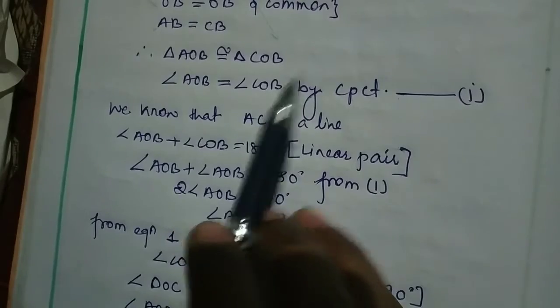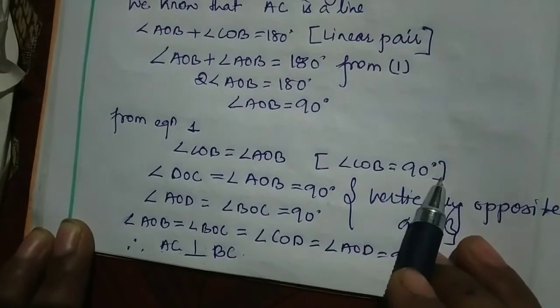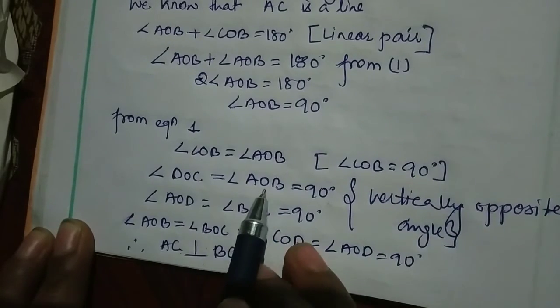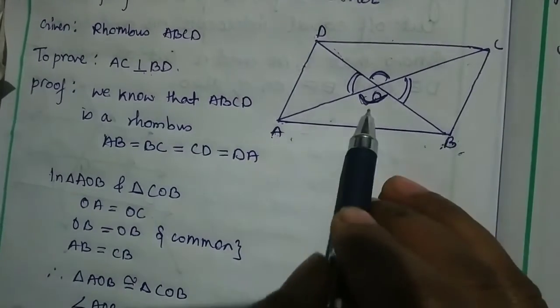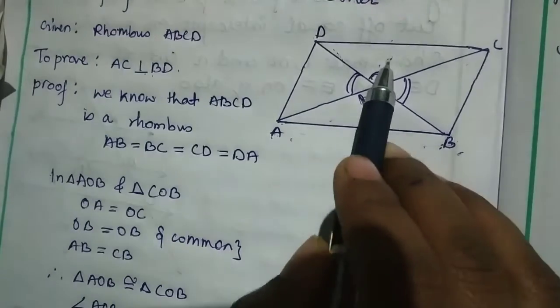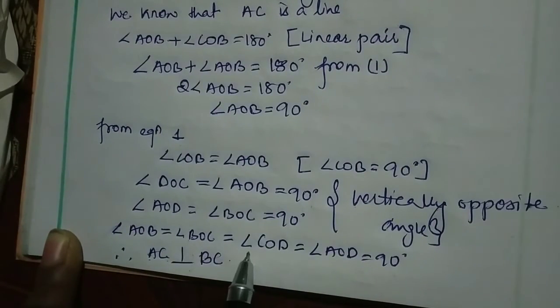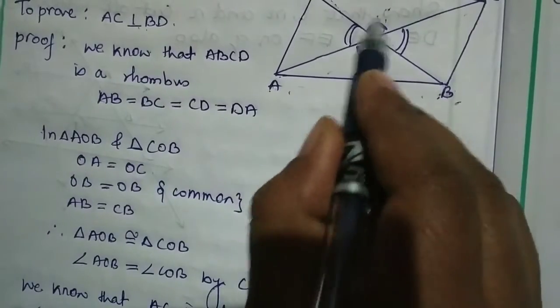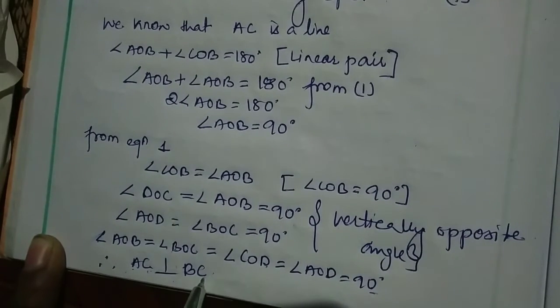Angle COB is 90 degrees. DOC equals angle AOB. These are vertically opposite angles. So angles AOB, BOC, COD and AOD are all 90 degrees. So AC is perpendicular to BD.